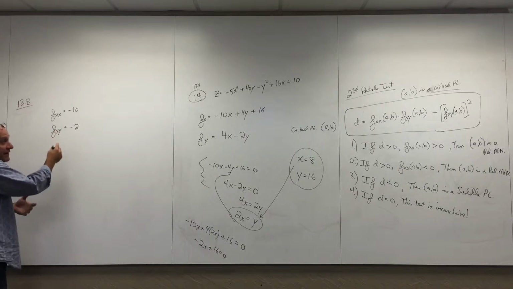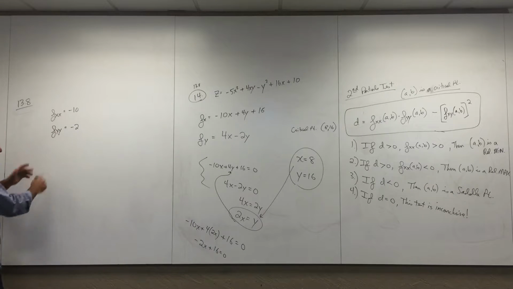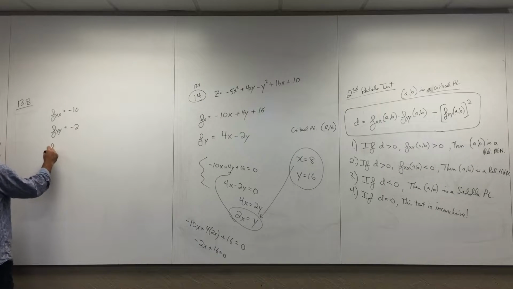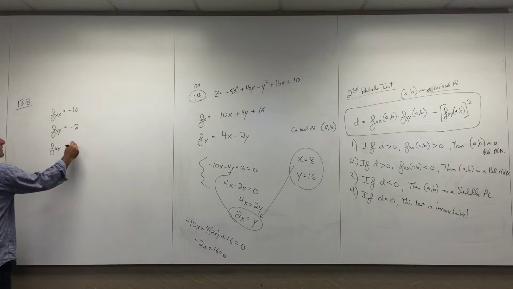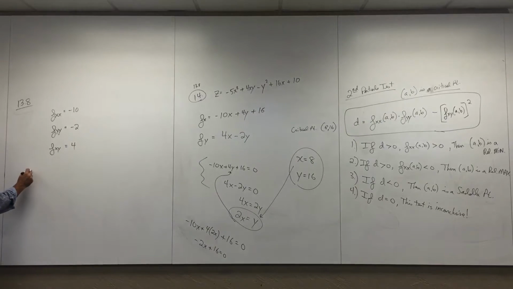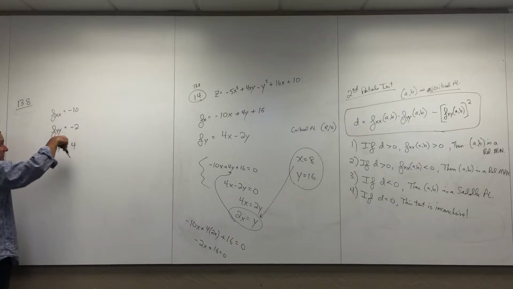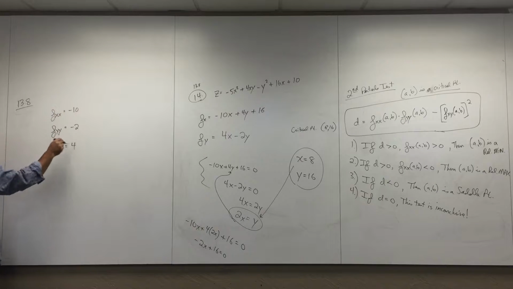Again, its value will be negative 2. I also need fxy. Fxy is 4. Good. And then my number D, again, has no variables in it. I'm supposed to plug the point in, but these just have these values, and I get my number D.